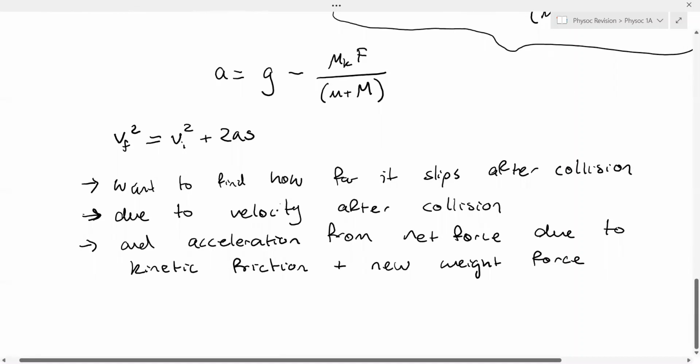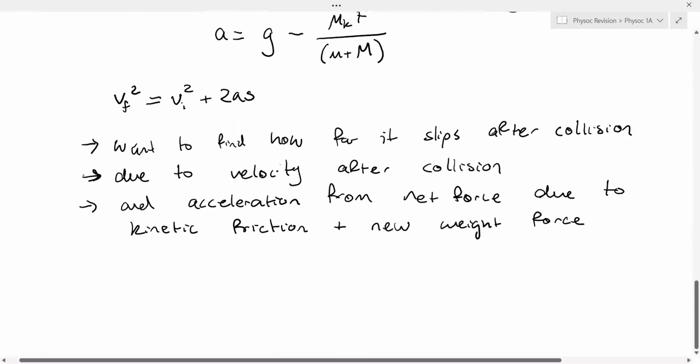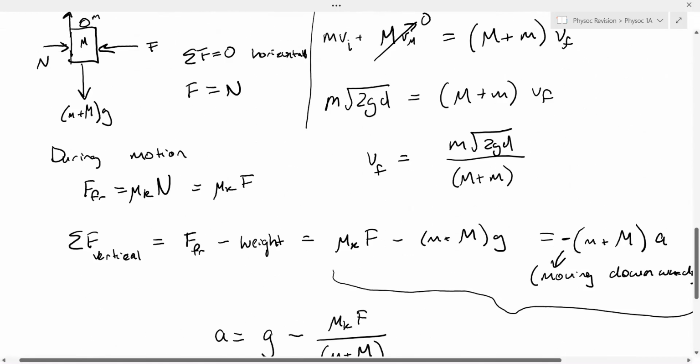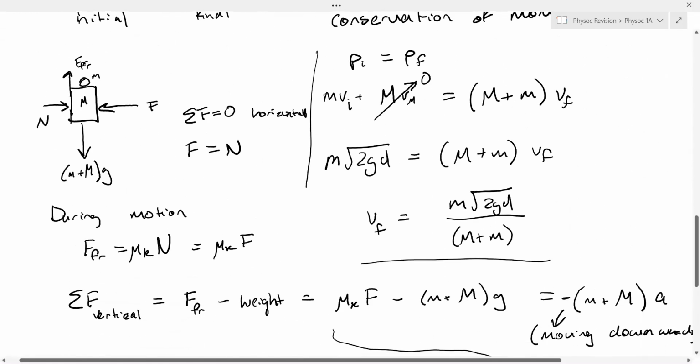So we found our acceleration, we know our initial velocity, we want our final velocity to equal 0, so let's solve for this. 0 is equal to our initial velocity, which we said was this big term up here.